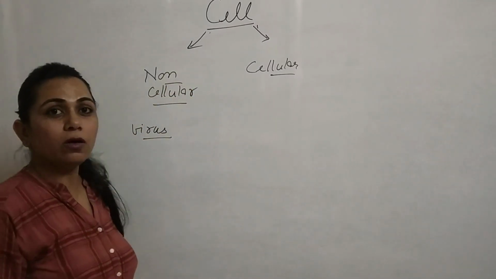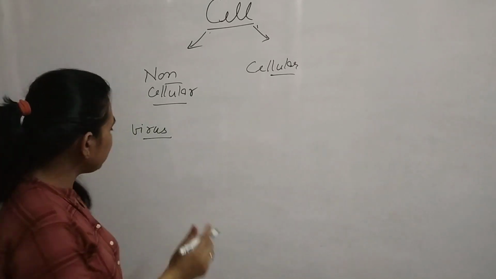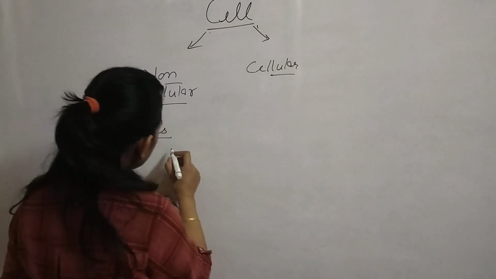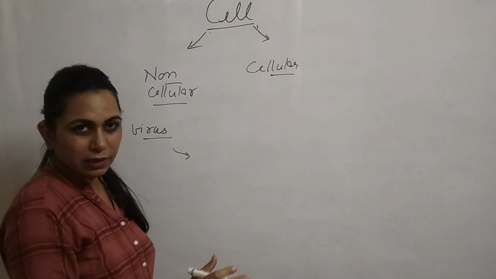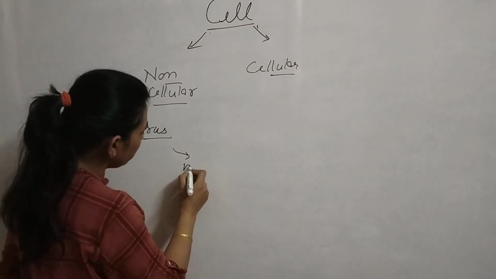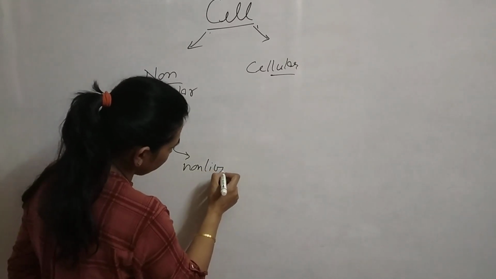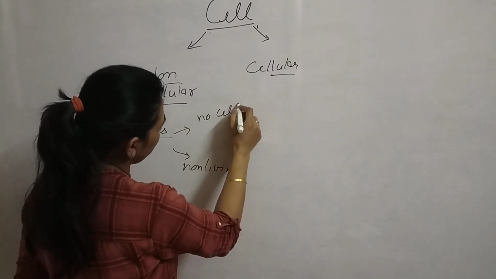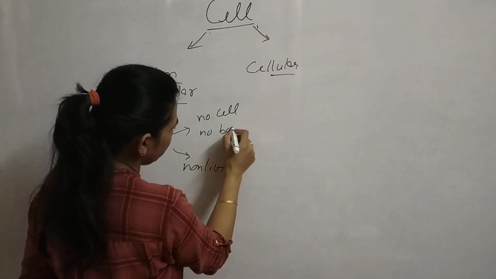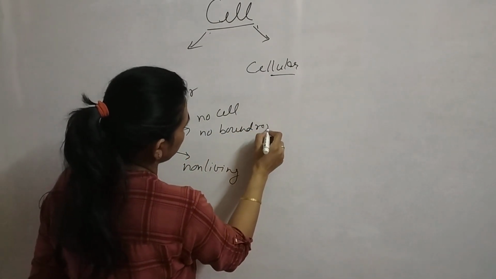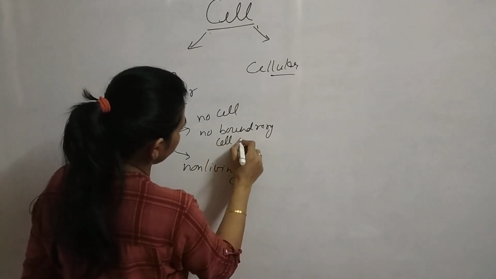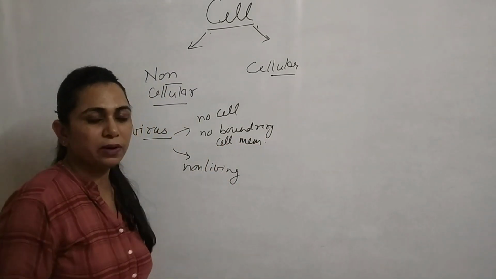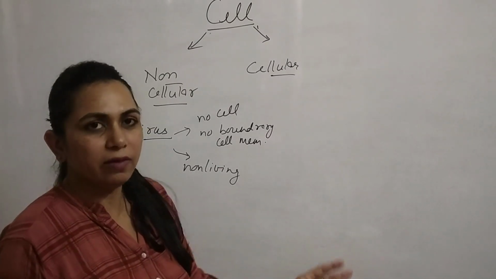This virus is a non-cellular structure. It has no cell, so when it is independently present, we call it non-living. It has no boundary, no cell membrane. So it is non-living when it is present outside any living creature.